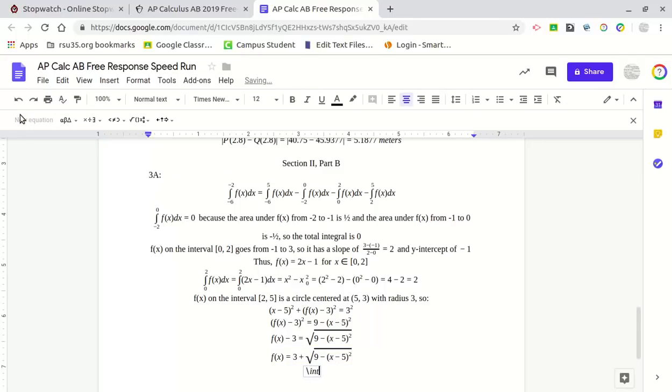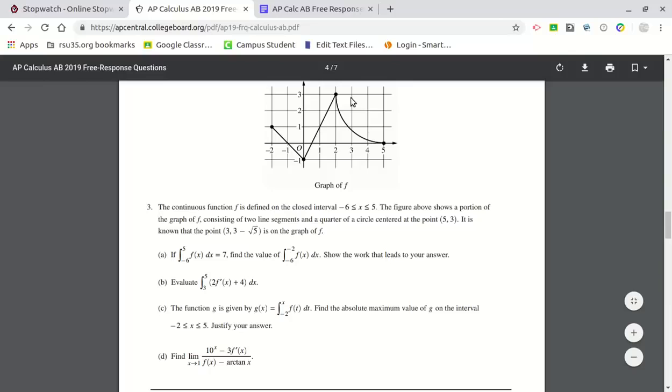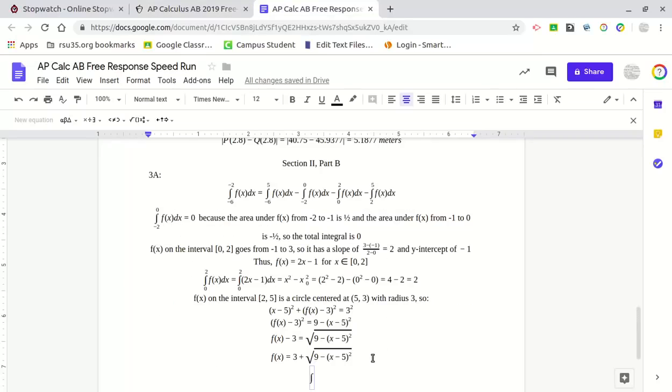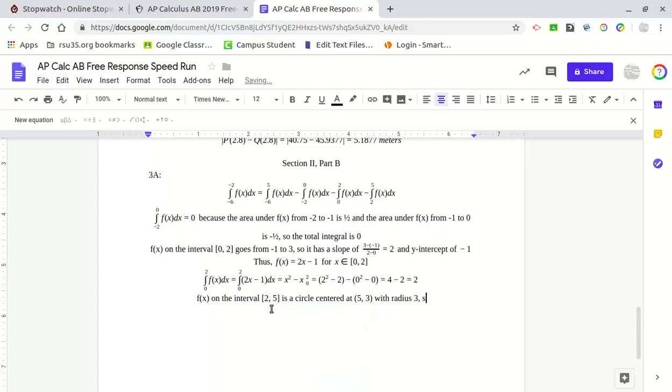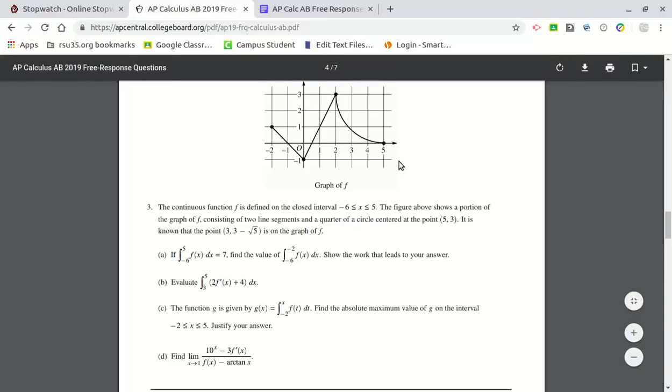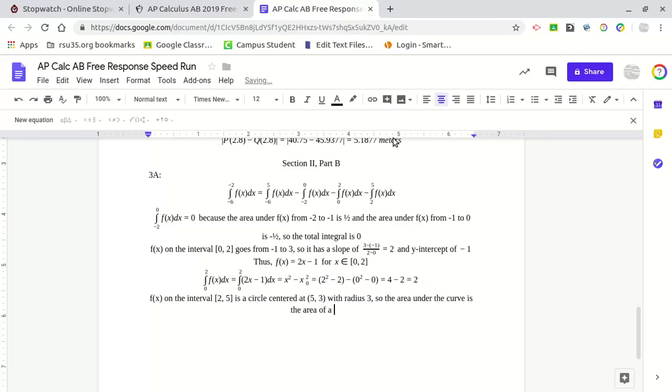Okay, so the integral, and I do not have a graphing calculator? Oh wait, I'm supposed to find the area of this circle, aren't I? That would make more sense than finding the equation and taking the integral of the square root. Okay, never mind. So, the area under the curve is the area of a 3 by 3 square, minus the area of a quarter circle of radius 3.